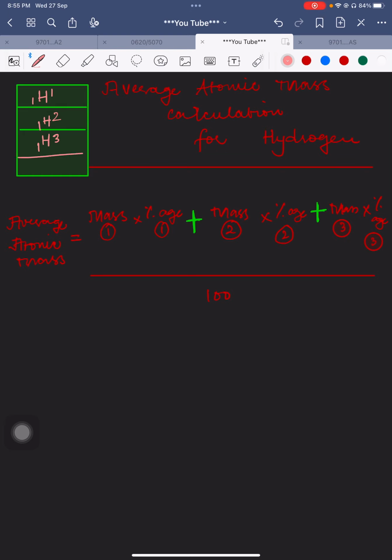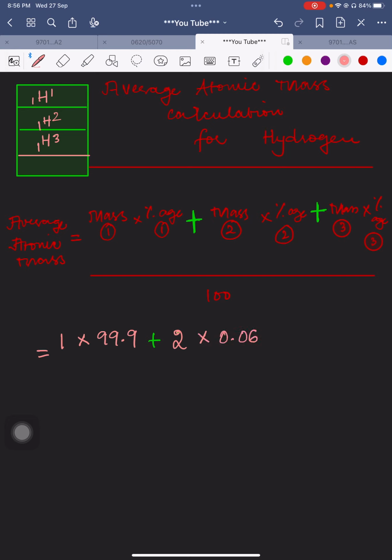Now I'm asking you to find out the mass of number 1. Its mass is 1, whereas its percentage is 99.9. The mass of the next one is 2, whereas its percentage is 0.06.